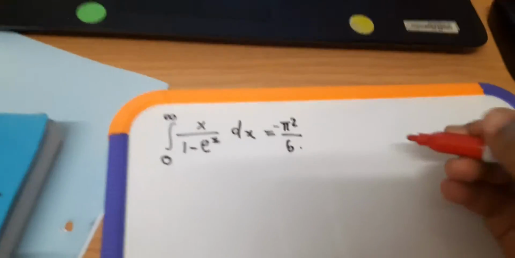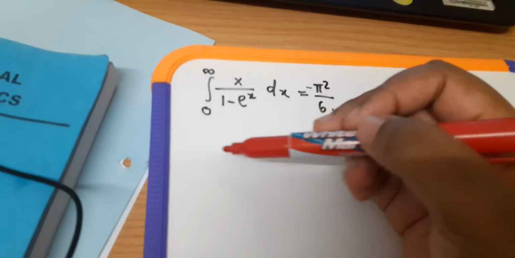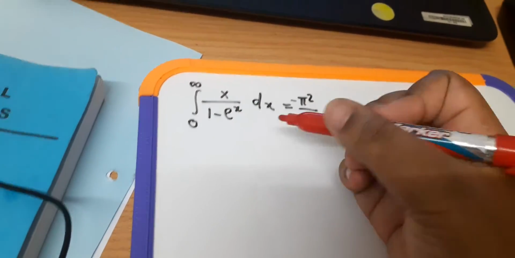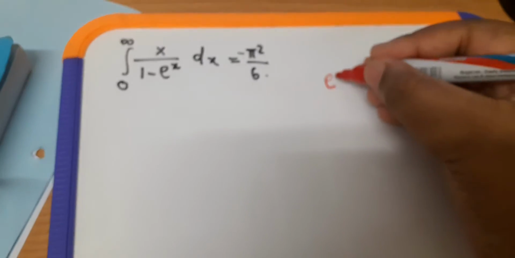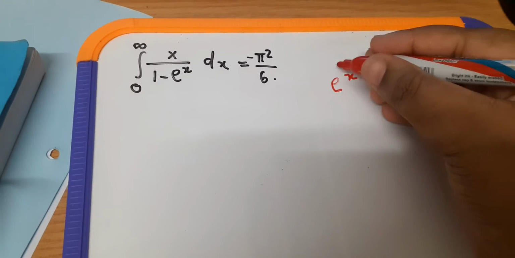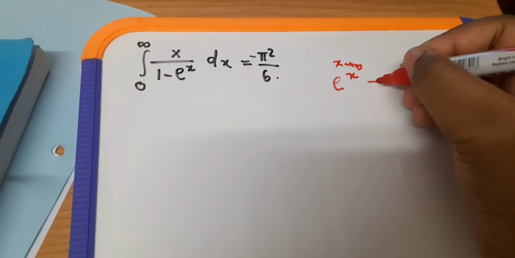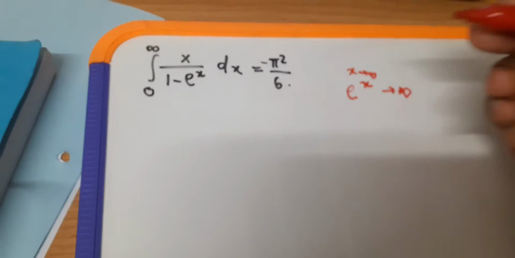is to think. When you see something like this where e is to the x, now we know e to the x, when x approaches infinity, also approaches infinity.